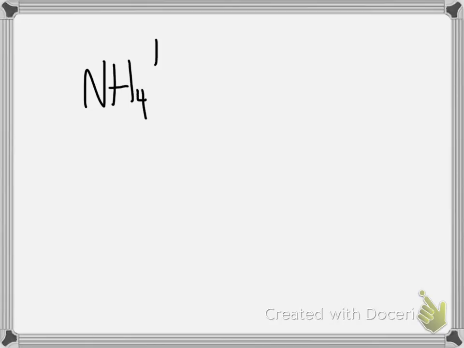So we'll look at a really simple one first. This is the ammonium ion, NH4 1+. So 1 nitrogen, 4 hydrogens, and it's lost 1 electron. We know it's lost 1 electron because it is 1+. It's got 1 more proton overall than it does electrons.